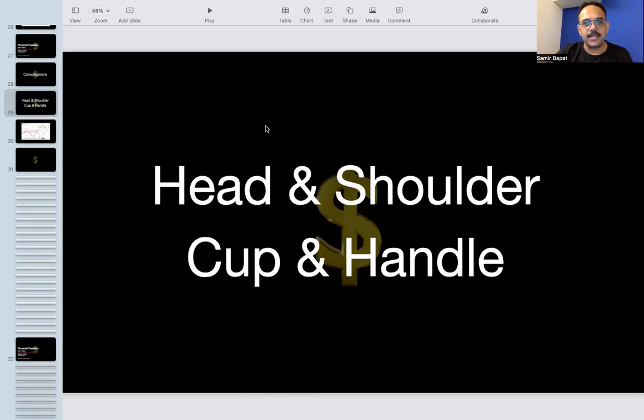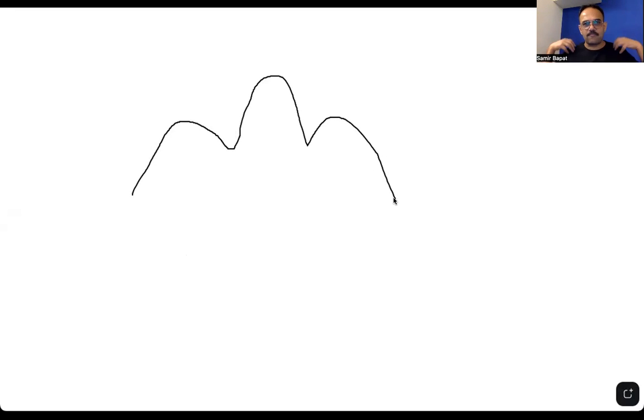So theoretically speaking, when we are imagining a head and shoulder, let's say this is a shoulder, then the head, and this is the other shoulder. Imagine someone wearing something covering his head, a hood, and maybe an overcoat with a head cover.